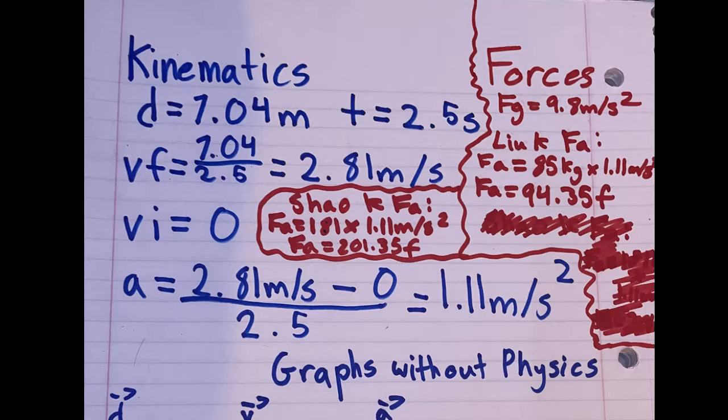Then next, as you can see on the farther right side in all red, I want to calculate how much applied force the one is giving to another. So for Liu Kang, I was able to calculate with his weight that he was able to output 94.35 newtons of force on Shao Kahn, while Shao Kahn was applying back 201.35 newtons of force at Liu Kang.